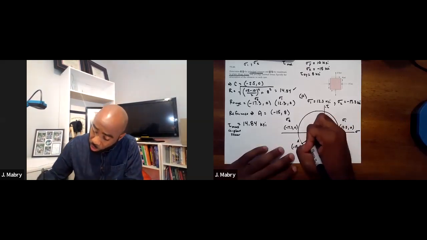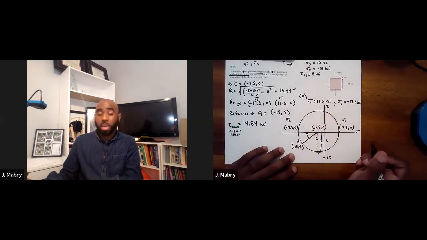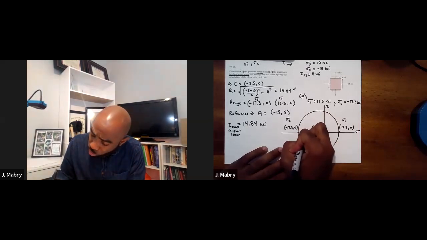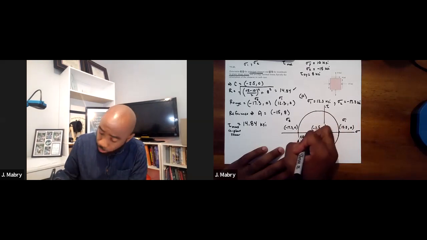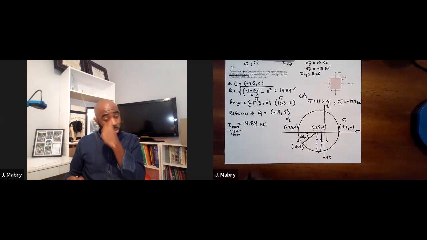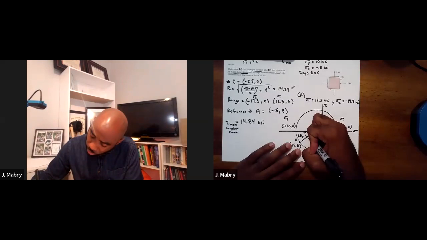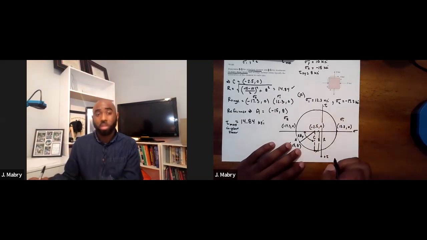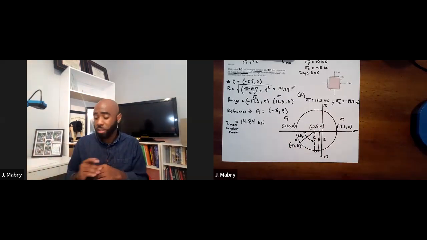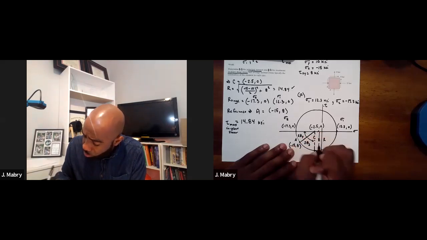We know that this angle going counterclockwise back to the x-axis is going to be equivalent to 2 times theta sub p. And then in this direction, going the counterclockwise direction, which a lot of times we refer to as the positive direction, that will be 2 times theta sub x.